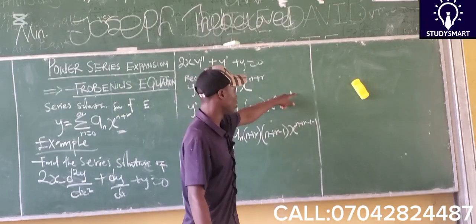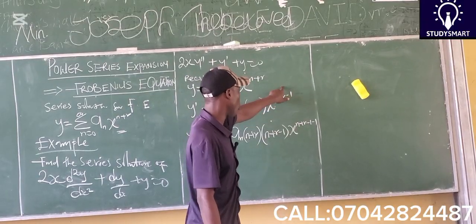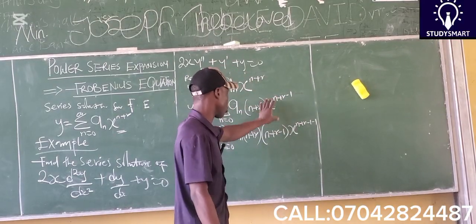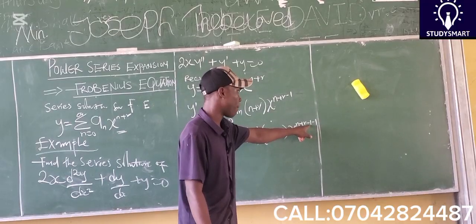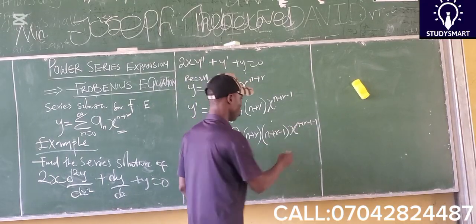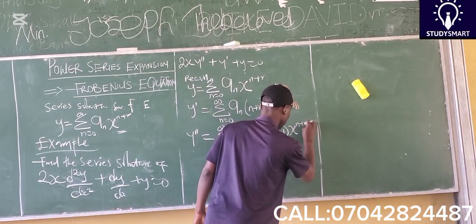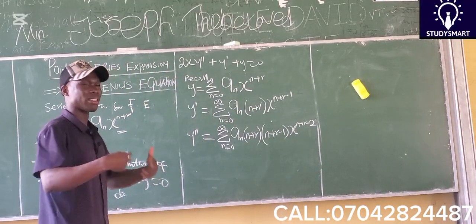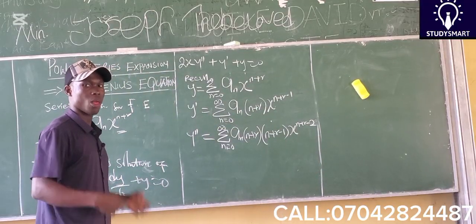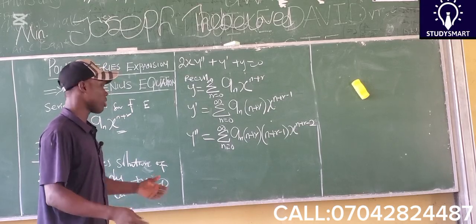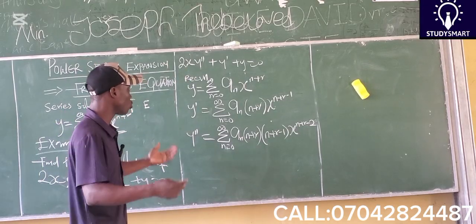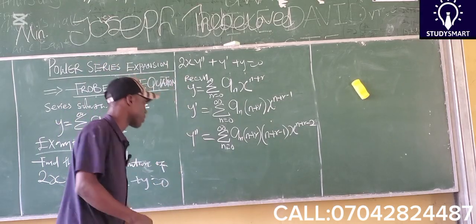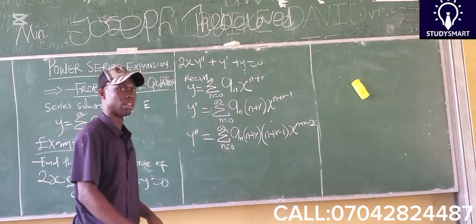I'm going to reduce the power again by 1, multiplying first by this expression, so minus 1 here gives minus 2. So I'm going to change this to minus 2. When you've gotten up to this point, what next are you going to do? What you are going to do after this point is to substitute the value of y and its derivatives into this particular equation here.